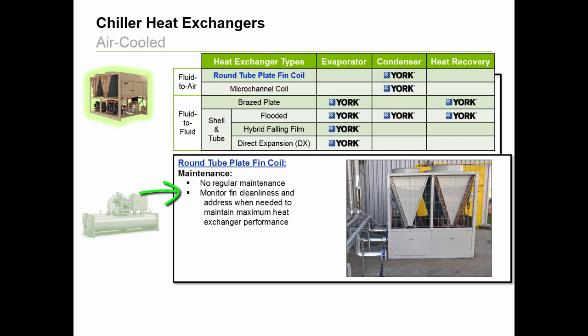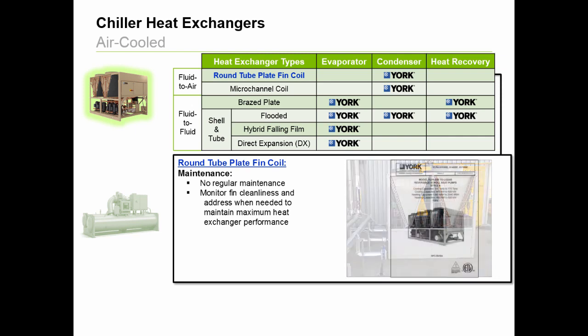Both of these consequences lead to unnecessary owner operating expenses, which we want to help our customers avoid. And to be clear, this is true for any heat exchanger design, not just tube and fin. Lastly, note that our chillers have detailed cleaning procedures and recommendations in our operation and maintenance manuals. However, coil cleanliness needs to be regularly monitored locally, as a local environment will dictate when cleaning needs to occur.